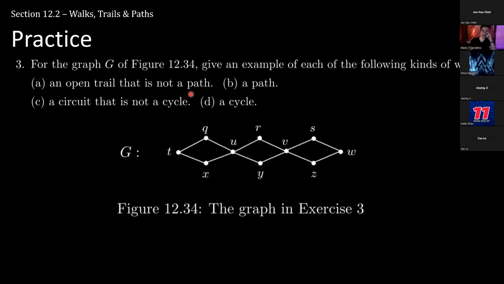And what is a path? A path is one that has no repeated vertices. So if it is not a path, then it has repeated vertices. Once you understand all that, you can parse it. You want a walk where you start and end at different places, and you don't repeat any edges, but you do repeat a node.